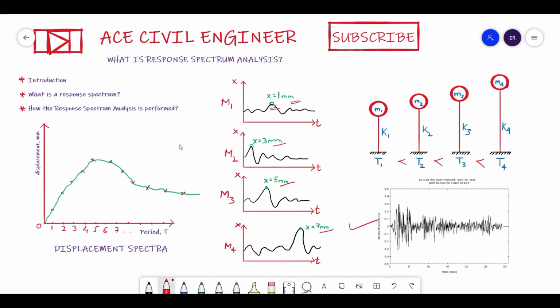For the oscillator having time period T1, this is the point. For an oscillator having time period T2, this is the point. And for the oscillator having time period T3, this is the point. Like that I have plotted a graph, and this graph is called displacement spectra.